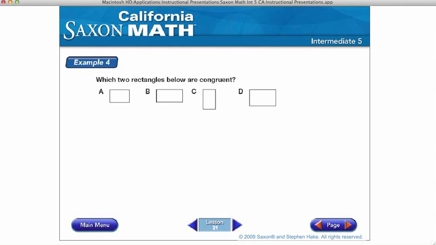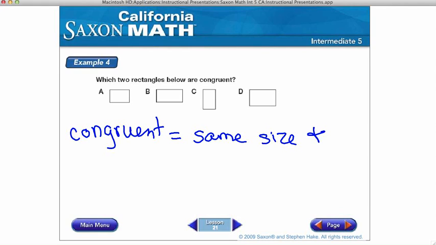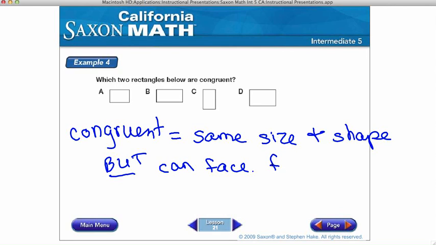Now, the thing you have to be careful about in congruent is that congruent equals same size and shape, but can face different directions.